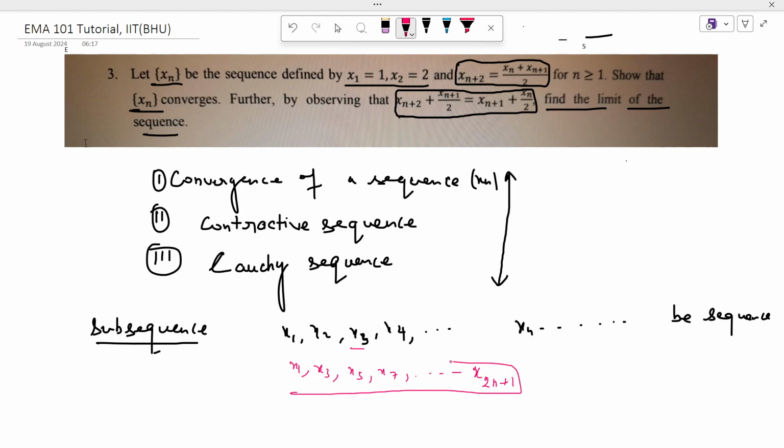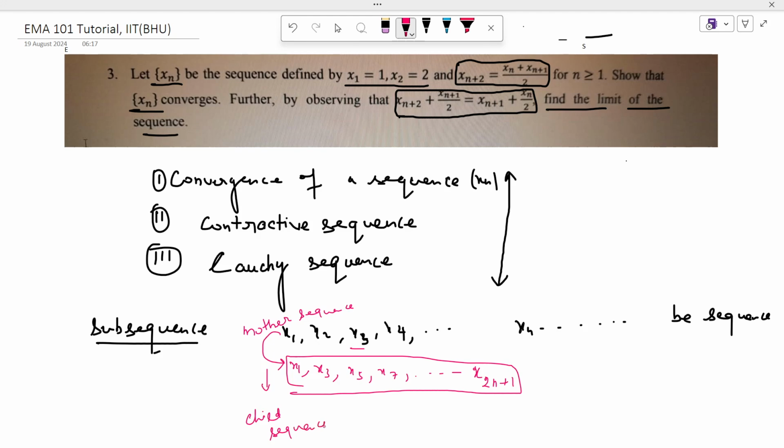So this type of sequence is made with the help of the original sequence. For the time being, let us see it as a mother sequence, and this is its child sequence.